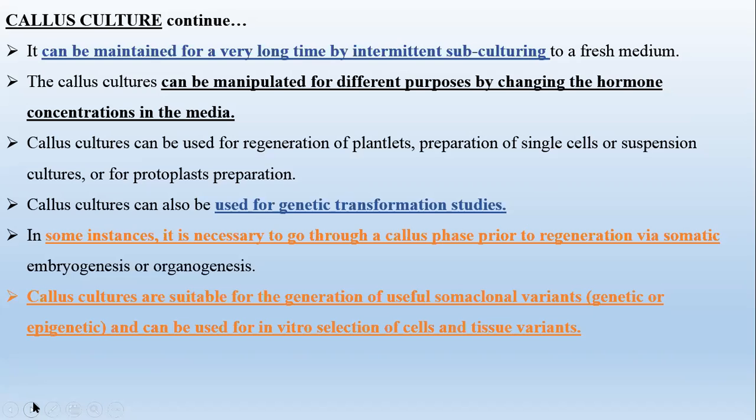In this type of variation we will get useful variations, and such useful variations can be multiplied and used for economic benefits and also in crop improvement programs. So this is also one of the important points related to callus culture, as callus culture plays an important role in the formation of genetic variability or somaclonal variation.